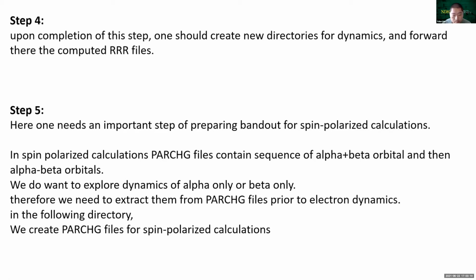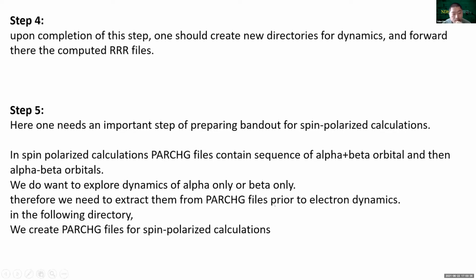Another difference is that when we do the actual dynamics calculations, we need a band-out file. And for spin polarized calculations, we need to separate the alpha component and the beta component.